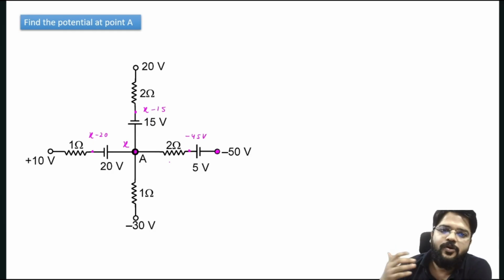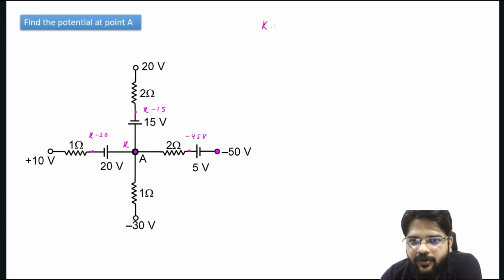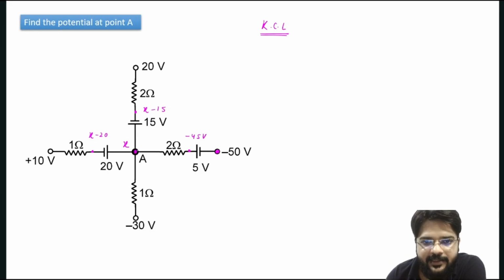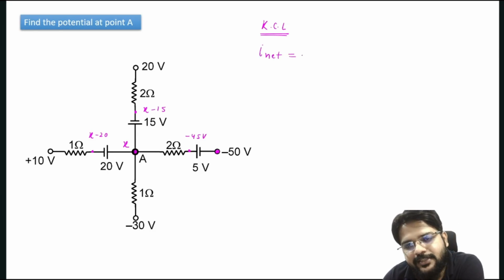According to Kirchhoff current law, KCL, we are using it here. If I apply this law at this A point, the net current passing through this node A should be 0. So I net is 0.